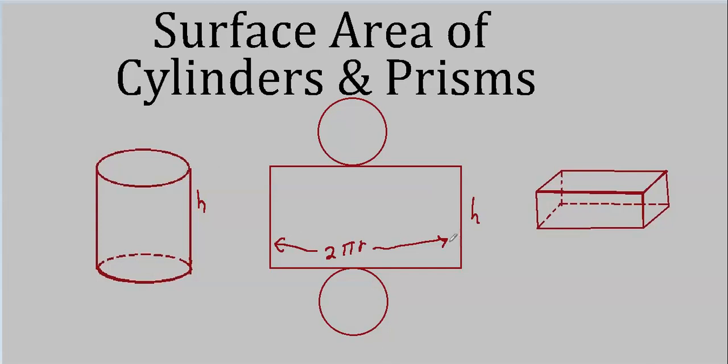The length here is 2 pi r. So what's r? Well, we don't know yet, but it is the radius of either one of our top circles here. It's 2 pi r all the way around, and that's exactly how long this rectangular piece would have to be to come all the way around this circle. So h times 2 pi r would be our area here. That's the area all the way around.